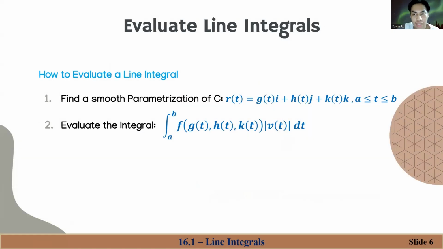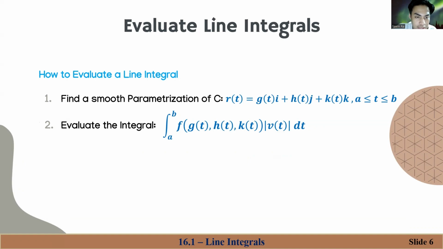So how do you evaluate line integrals? To evaluate line integrals, you have to follow these two important steps. First is to find a smooth parameterization of C, which is the given equation highlighted in blue, r of t equals g of t i plus h of t j plus k of t k in the range that we set.